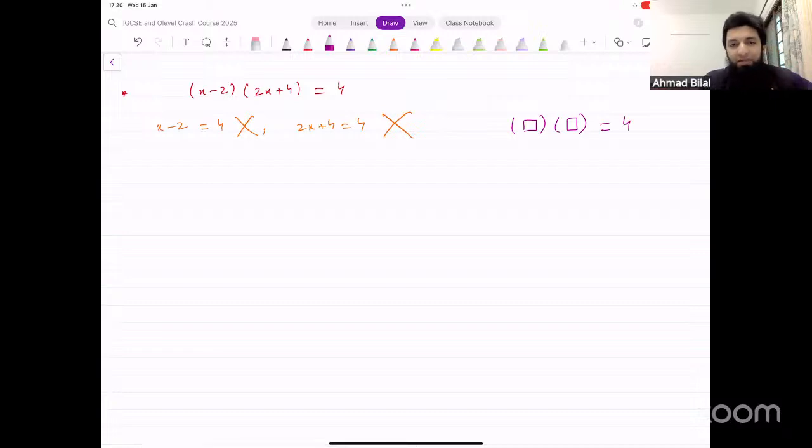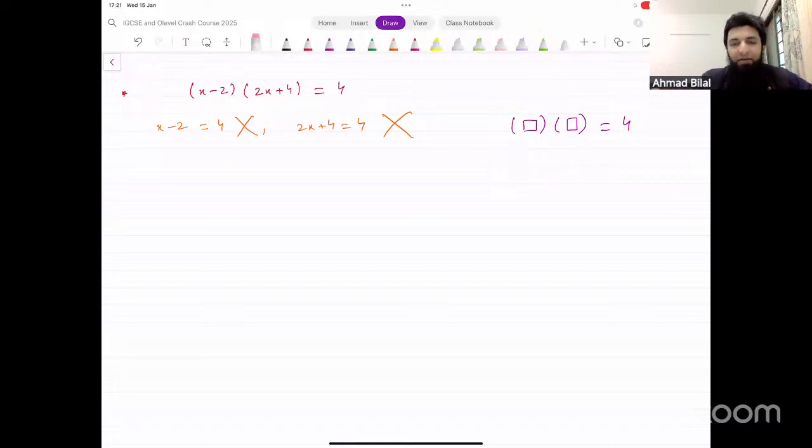If on the other side we had 0, then it would be necessary that either the first expression is 0 or the second expression is 0. It would be necessary for one of them to be 0 if we had 0 on the other side. But now we've got 4 on the other side.